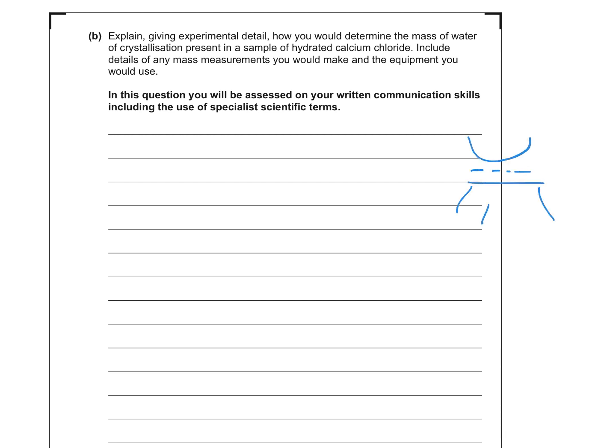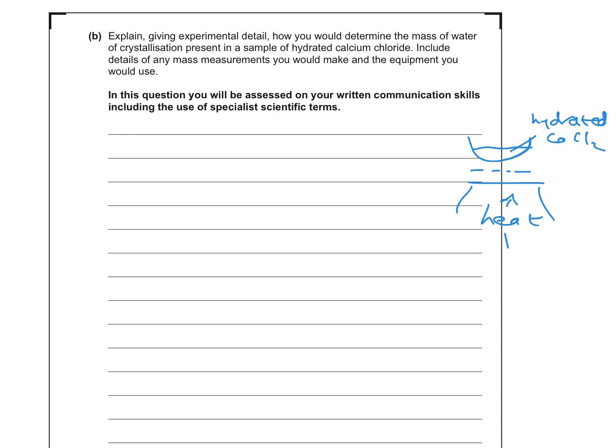So this would be the apparatus we'd set up. We saw this on a previous slide. This here would be your hydrated calcium chloride. And we would heat that until there's no more change in mass. So that's heat to constant mass. And then if we subtract the final mass from the original mass, that would give us the mass of the water.